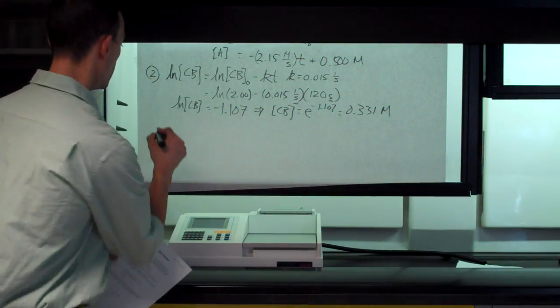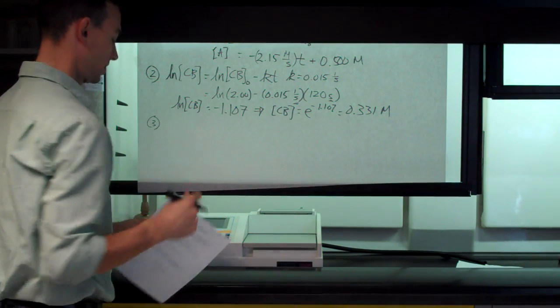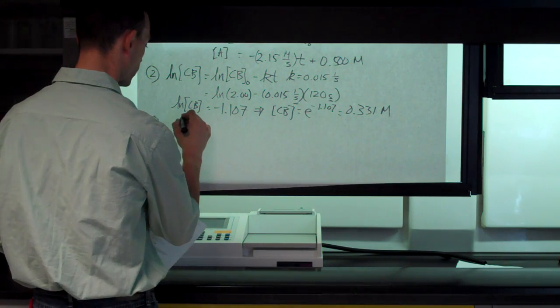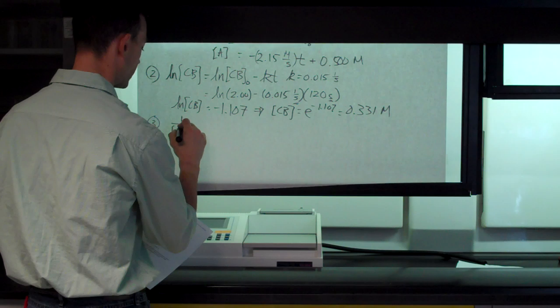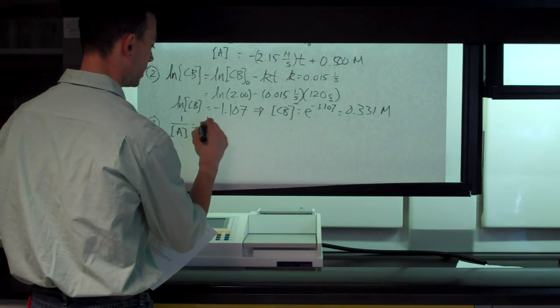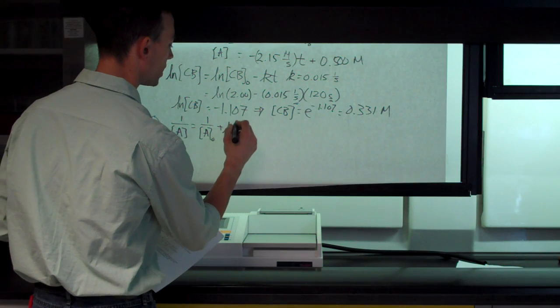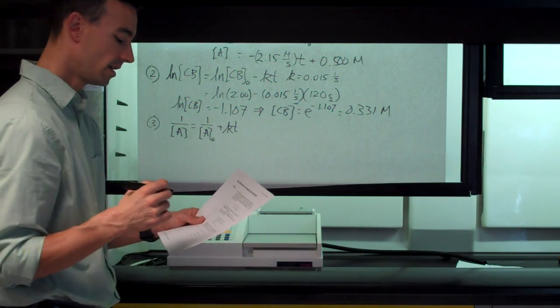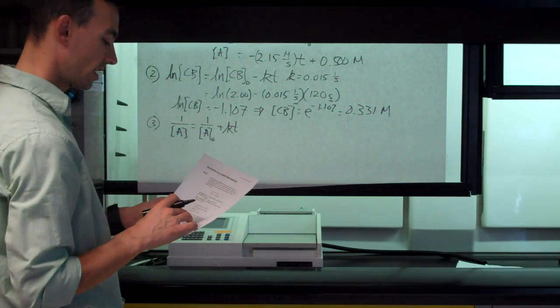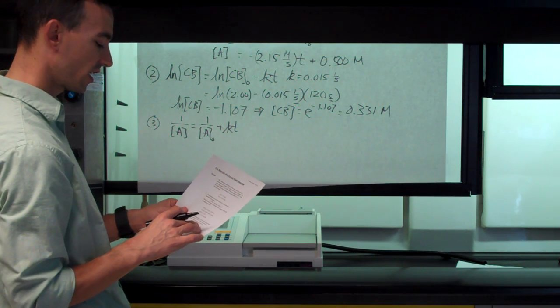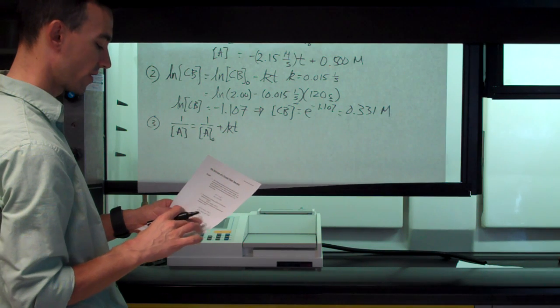Okay. And then our third pre-lab question uses a second order reaction. All second order reactions follow the pattern that 1 over concentration is equal to 1 over the initial concentration plus kt. This time we're given the rate constant, and we want to find the half-life of the reaction.